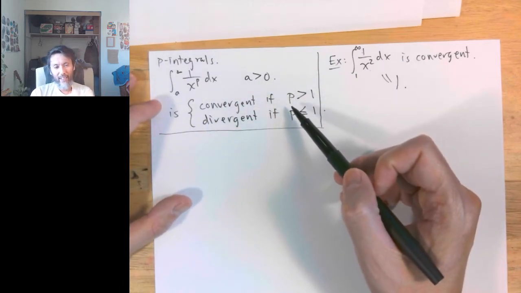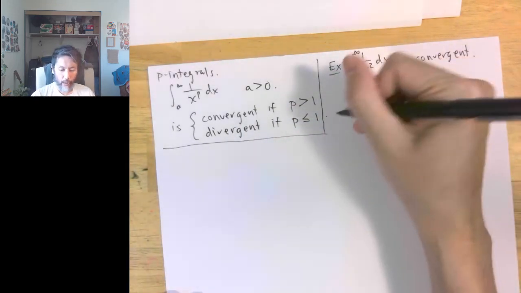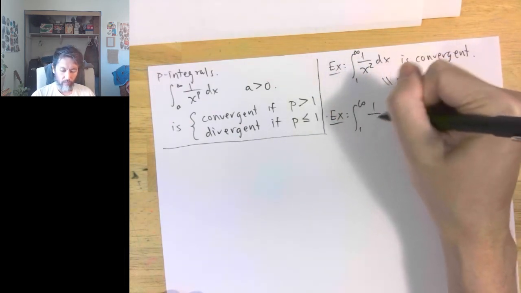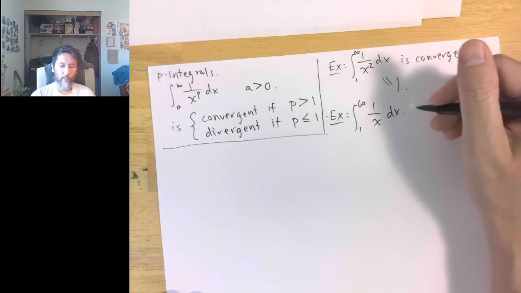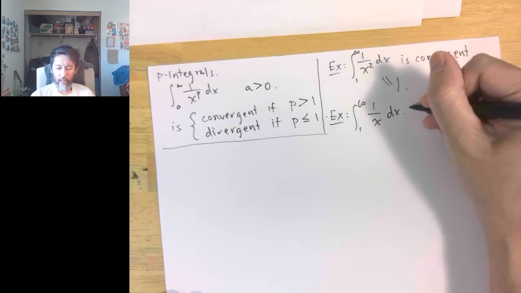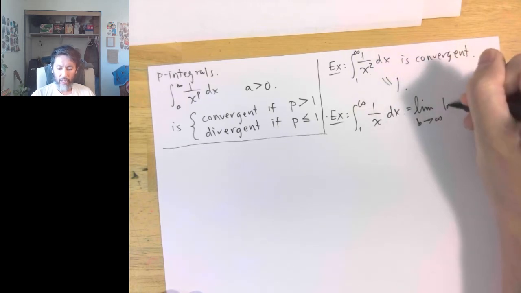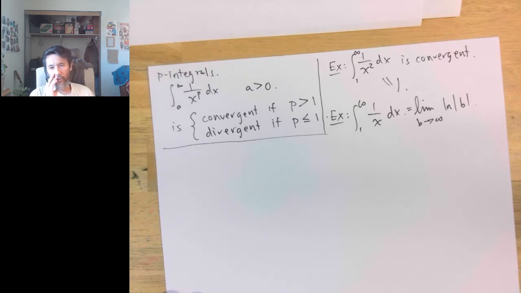Okay. Well, what about if p is equal to 1? That's another example that we looked at, which is this. What we saw here, remember, is that this ended up being something like the limit as b goes to infinity of the natural log of the absolute value of b. You can take a look at your notes if you don't know what I'm talking about.